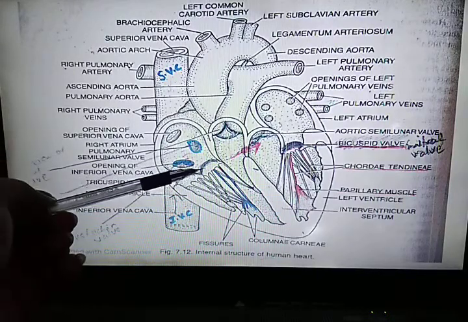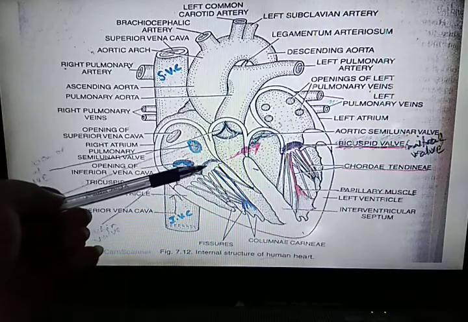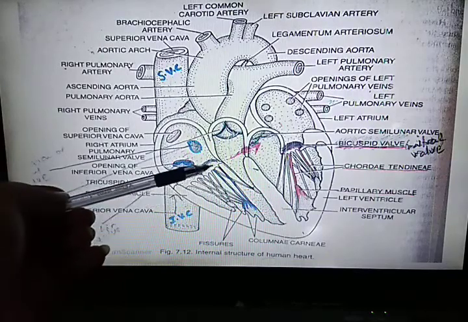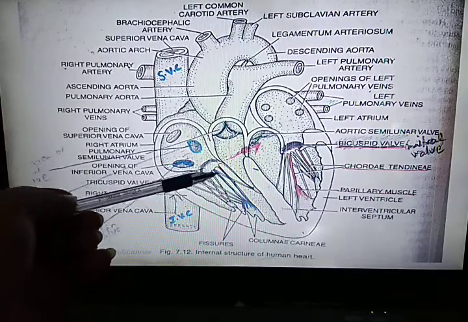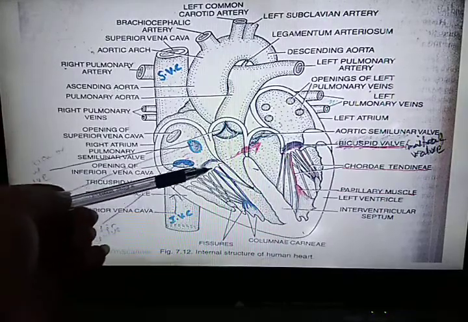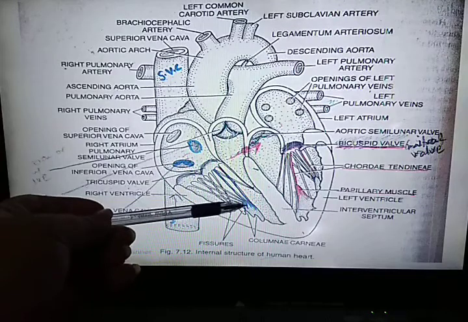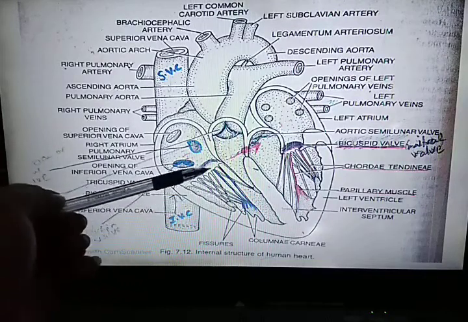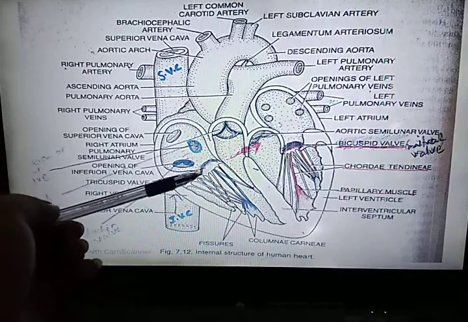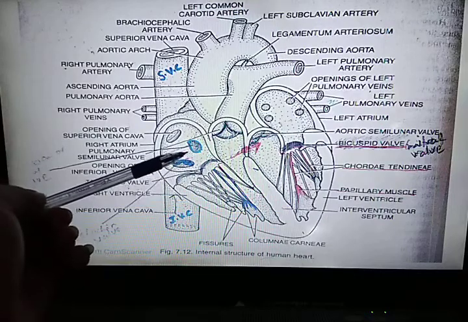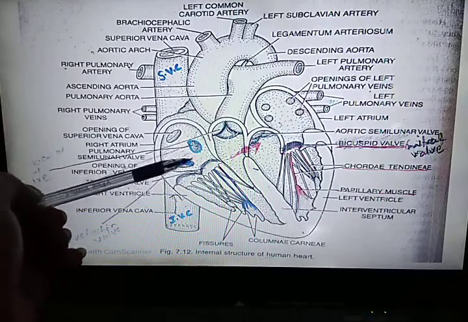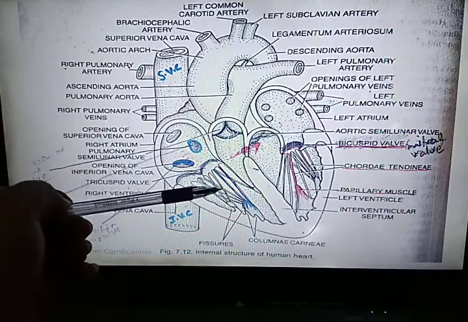On the ventricular side, this tricuspid valve is attached to the chordae tendineae, and at the other end the chordae tendineae are attached to the papillary muscles. It is a one-way valve which allows flow of blood only from the auricle to the ventricle.